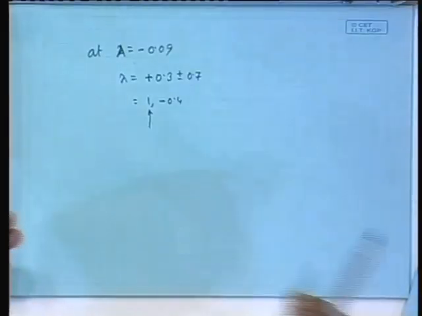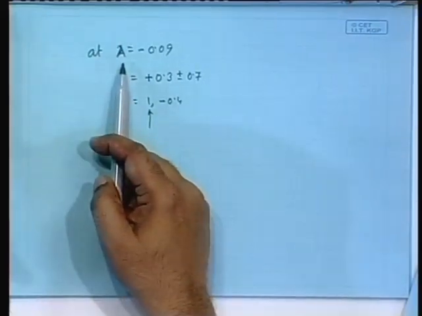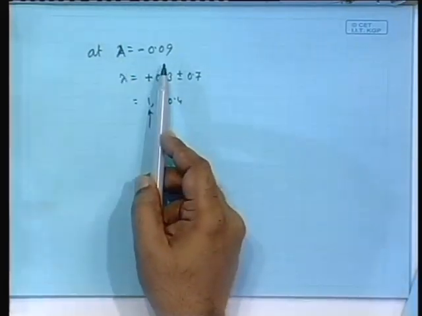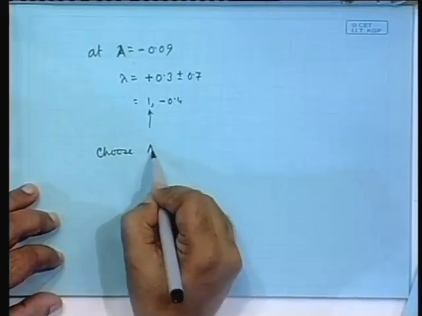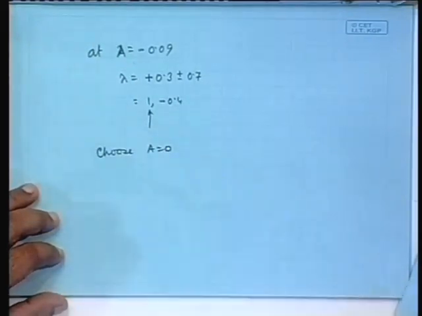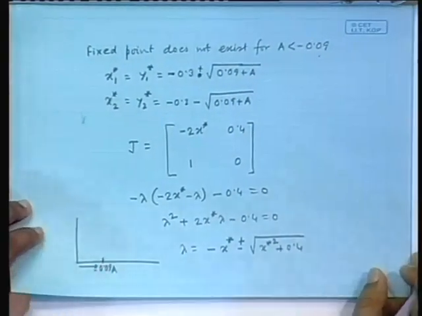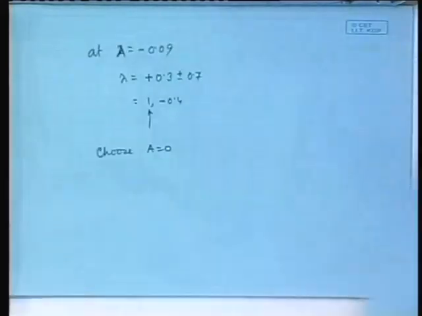In order to find out, we have to choose a value of a slightly bigger than this, and a nice choice would be a is equal to 0. If you choose a is equal to 0, the advantage is that you can now take the square root.